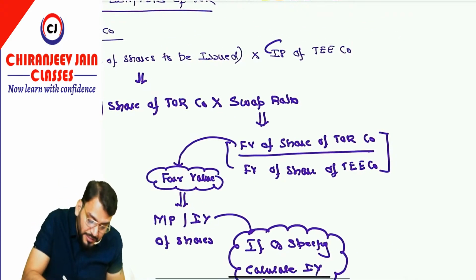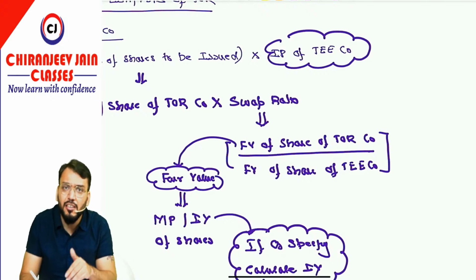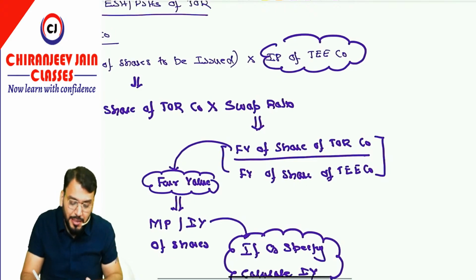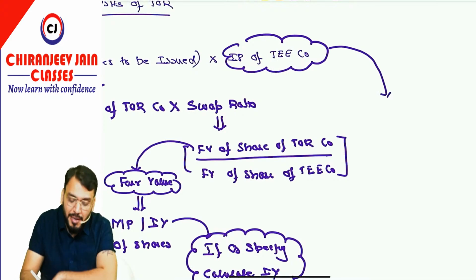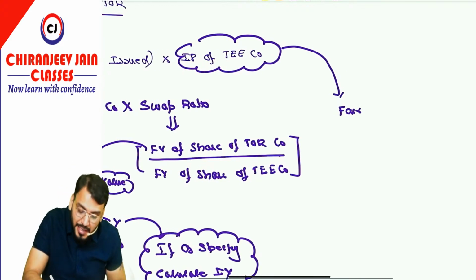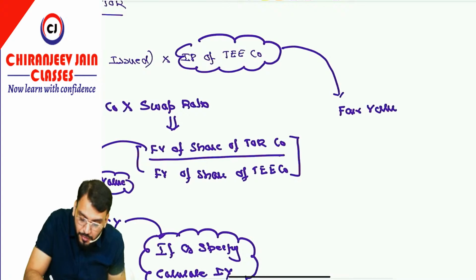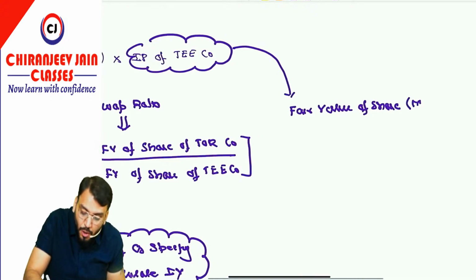Now issue price is normally given in the question, like add rupees this, include or add premium or whatever. But if not given in the question and you are applying the net payment method, and the question is silent, then you will give first preference: if the issue price is not given, take fair value of shares. Fair value can be either market price of shares or intrinsic value of shares, correct.